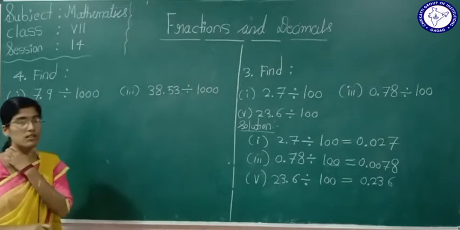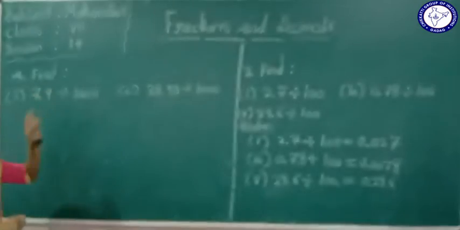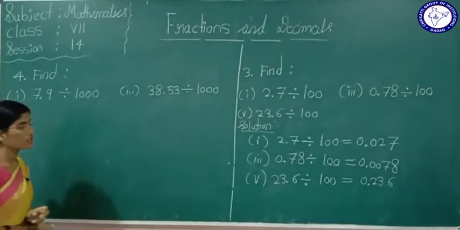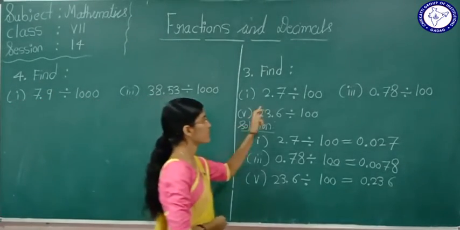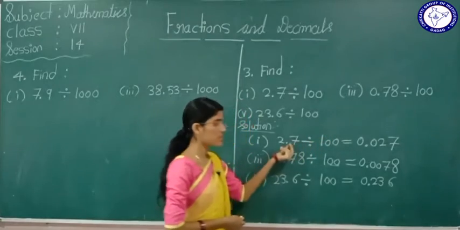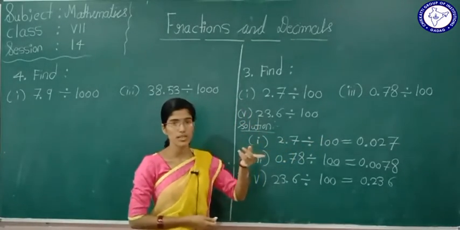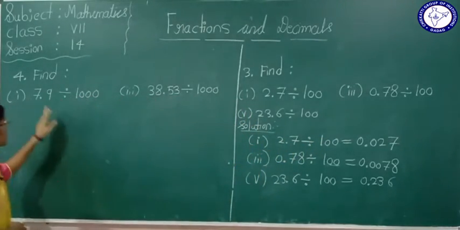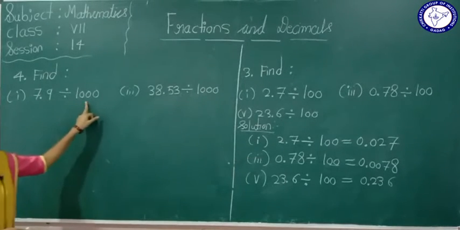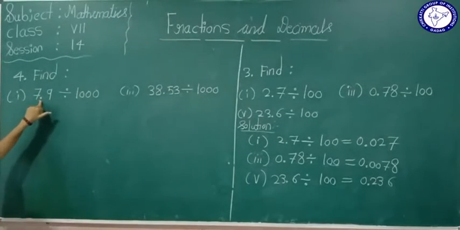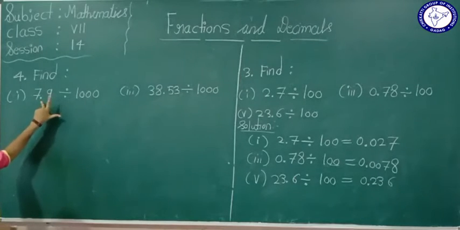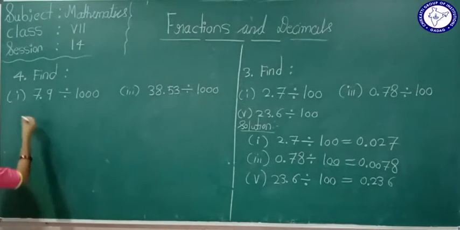Now see here, these numbers we have to divide by 1000. While dividing a decimal number by 100, we shifted the decimal point to the left by 2 places. While dividing a decimal number by 1000, we are going to shift this decimal point to the left by 3 places. Okay, see a solution.